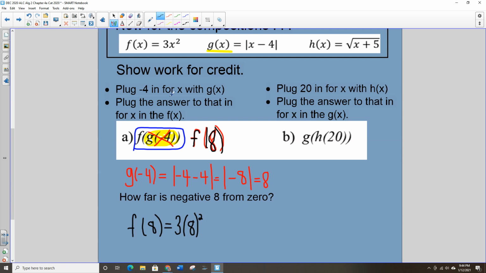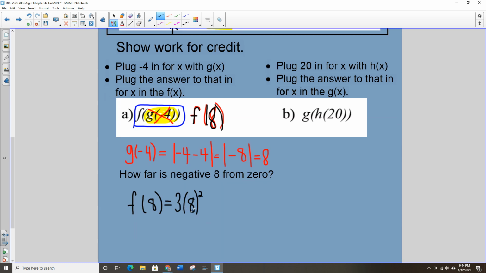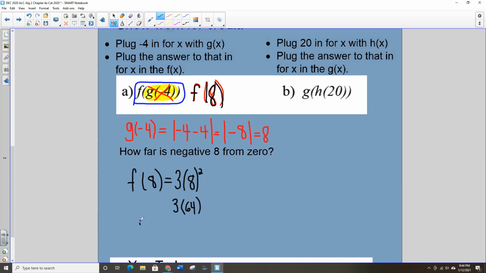So what I did is I plugged 8 in right here. Moment of truth. Do you do 3 times 8 first, or do you do 8 times 8 first? The correct answer is you do 8 times 8 first. So what is 8 times 8? And that's 64. And then now you can take out a calculator. That's not illegal. I'm going to type that in.